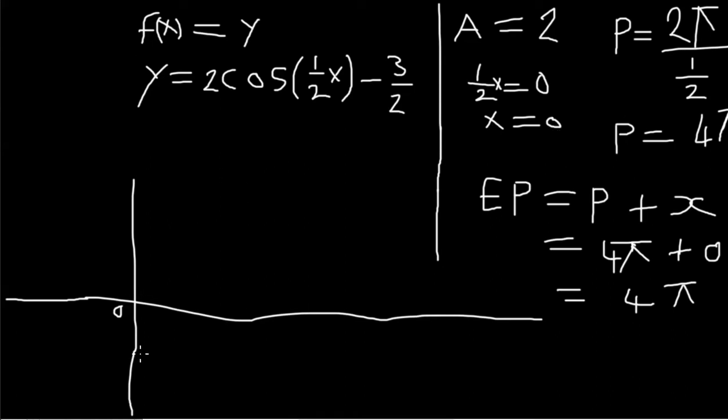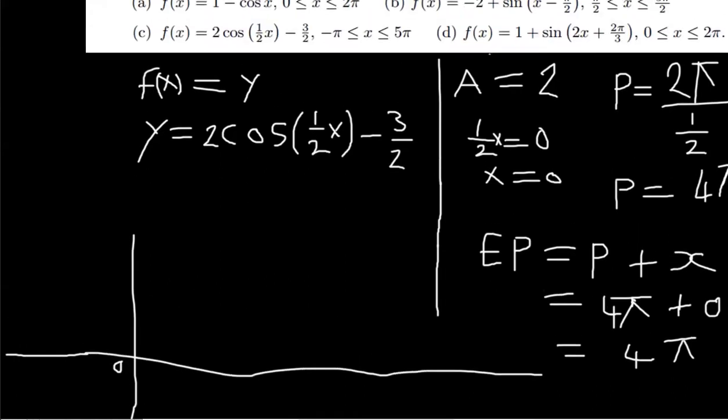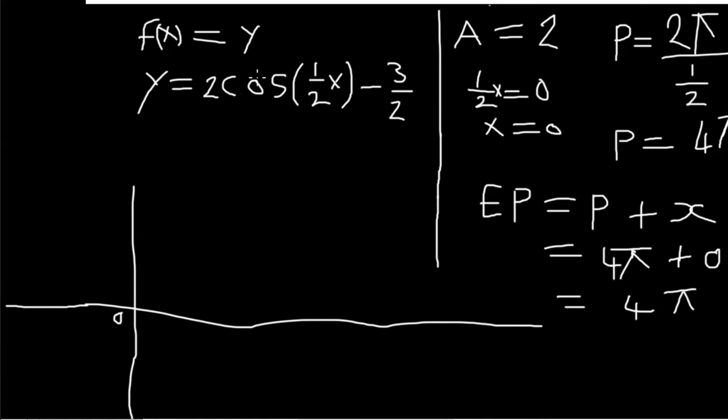My first point is x, and remember we're dealing with cos. So we know that since cos is positive, the graph has to come out like this. This is one complete cycle for cos.